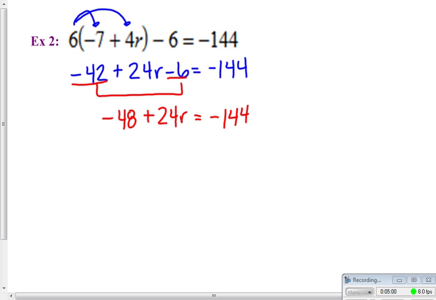The variable is on one side, so our next step would be to get rid of any addition or subtraction. In this case, here's the addition and subtraction that's happening. That's a negative 48. In order to get rid of the negative 48, we'd have to add 48. So plus 48. Do that to both sides.